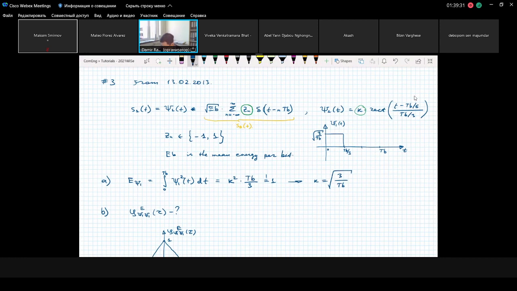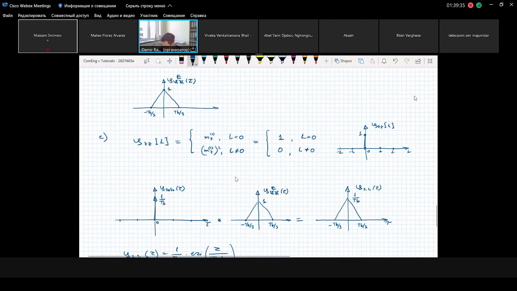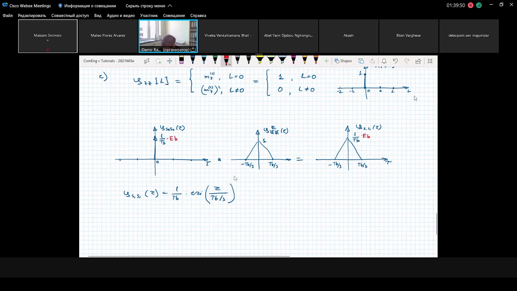And this square root of EB will come as part of each component when we calculate autocorrelation. So we have an additional EB part, and as a result we have EB. You see that it's very easy to miss scalars, and we also put EB in our result expression. So it will be energy per bit divided by the duration of our signal.